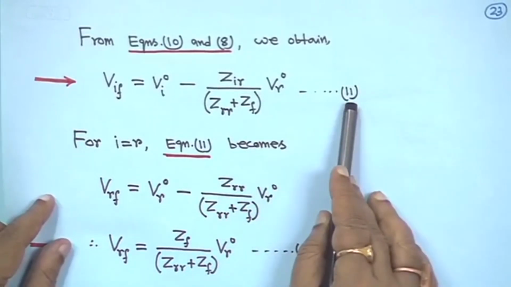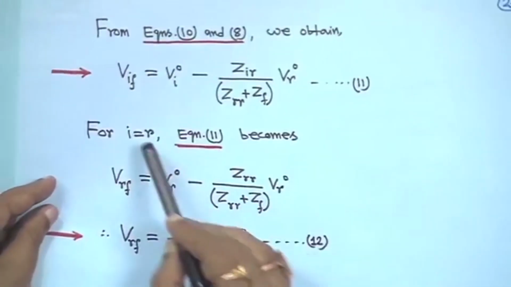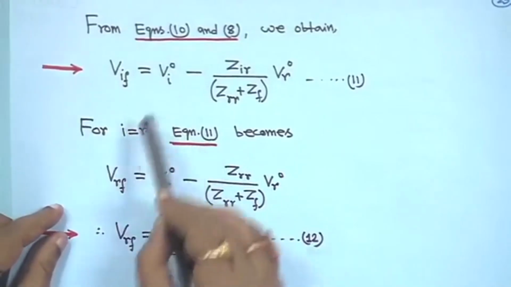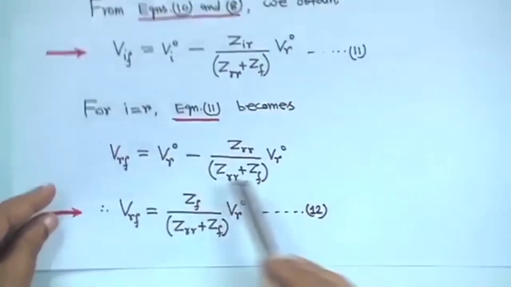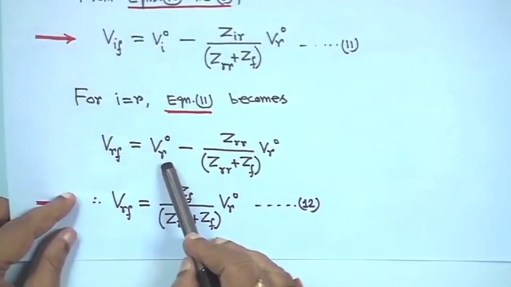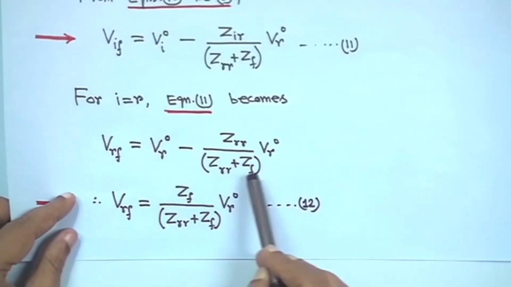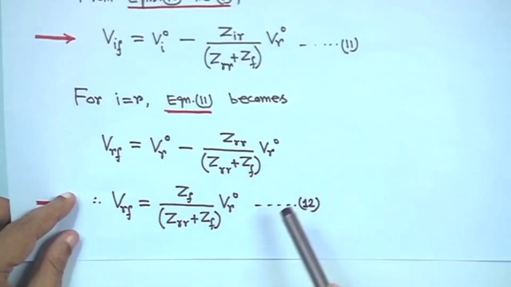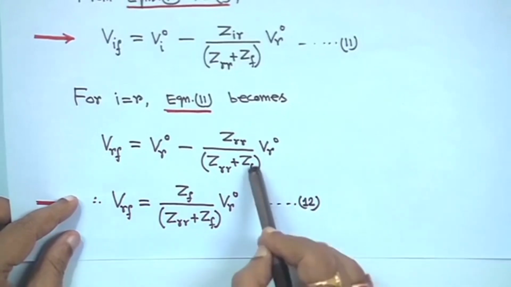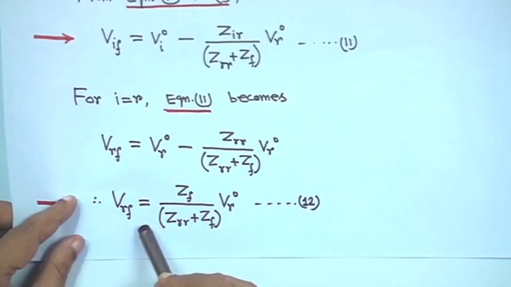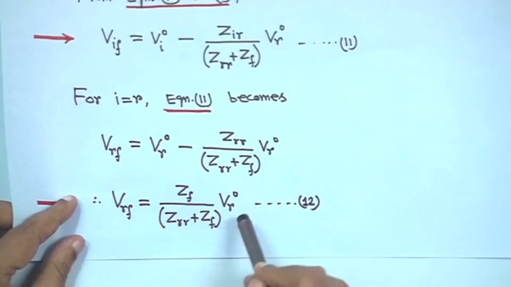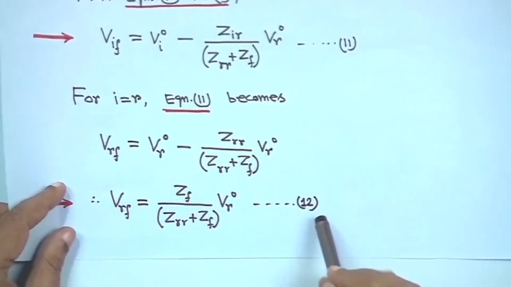This is equation 11, and in equation 11, when I is equal to R, you put it here. Therefore, you will get VRF is equal to VR0 minus ZRR upon ZRR plus ZF into VR0, or simplifying this one, VRF is equal to ZF upon ZRR plus ZF into VR0. This is equation 12, right.